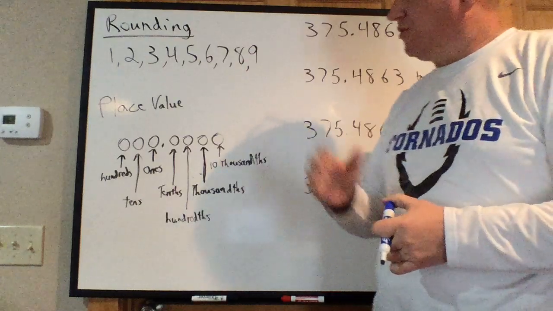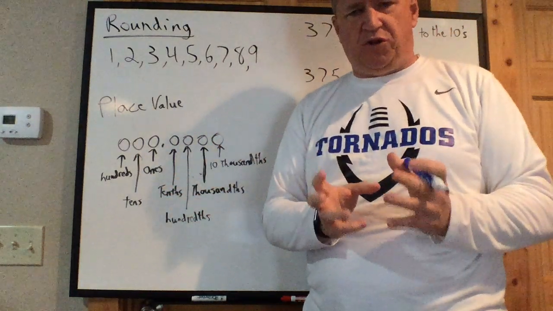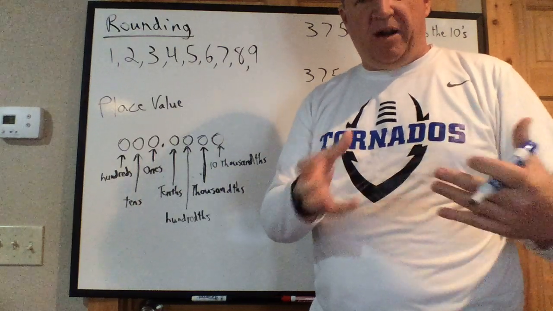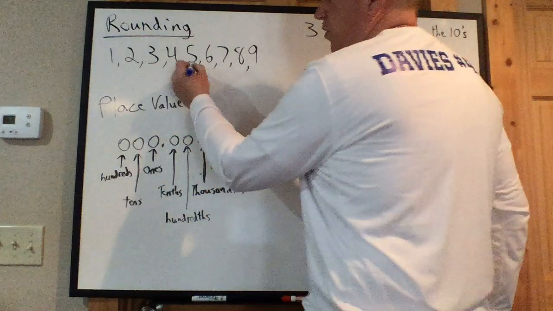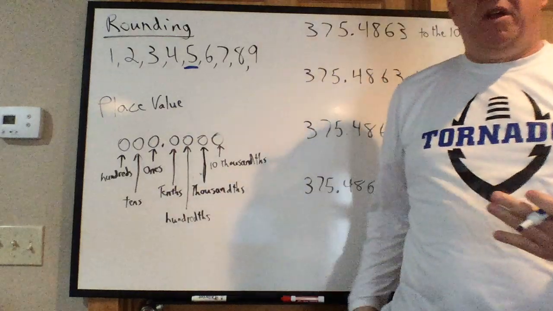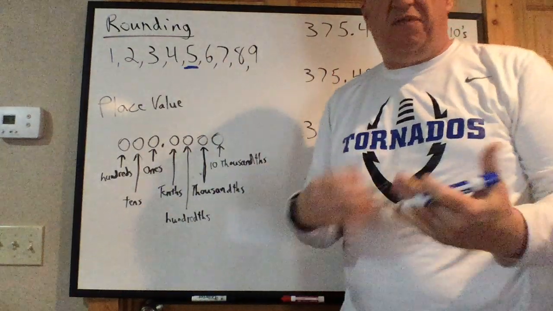When we talk about rounding, the number we really need to search for in determining whether to round up, round down, or drop things off is the 5. We're looking for a 5, because in our set of numbers, the 5 is directly in the middle.